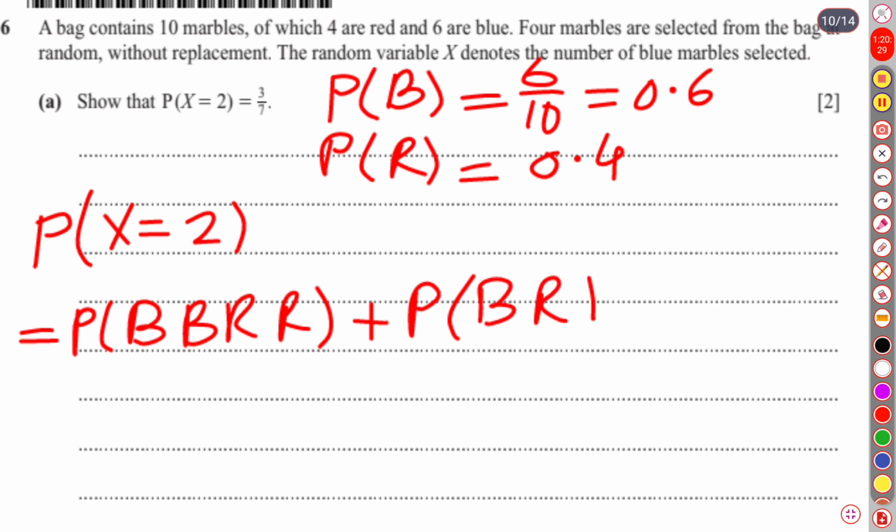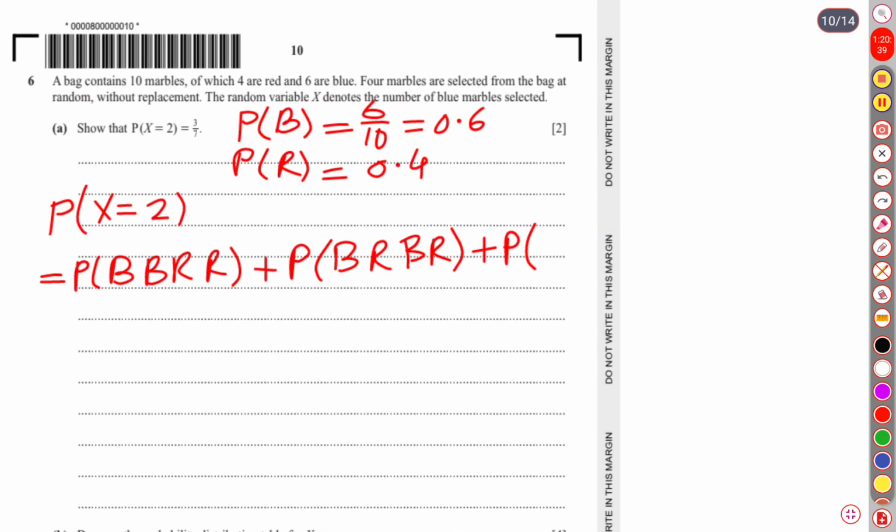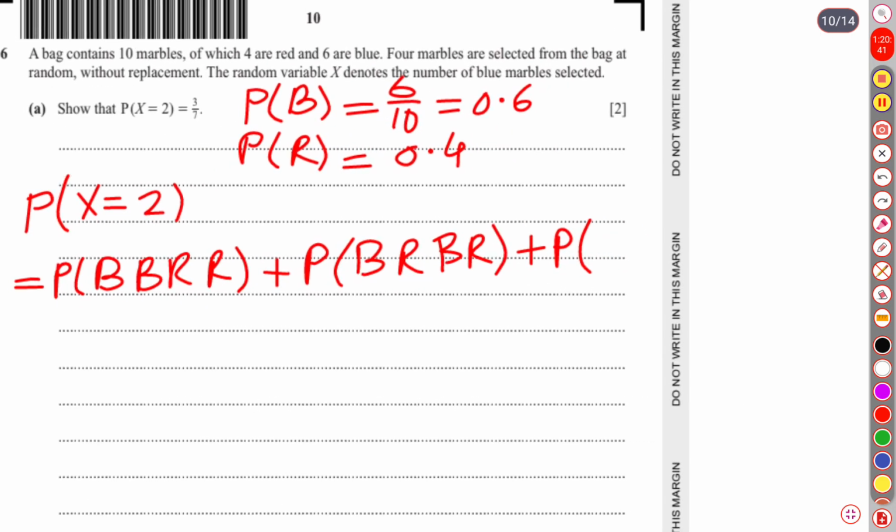It may be the order blue, then red. Or in the third possible case, first one is blue, next two are red, and final one is also blue.